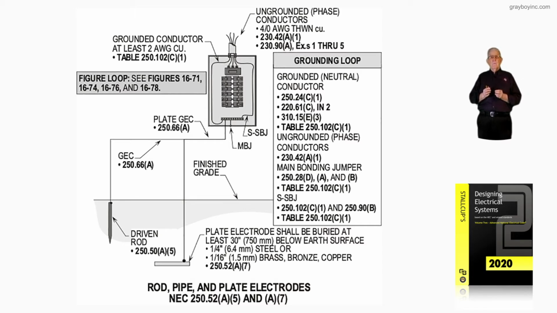Under 220.61(C), informational note 2, we could size the neutral at 100% of the load, or we could take continuous load at 125%, add it to 100% of the non-continuous load, or with demand factors. It's an engineering preference there if they're designing the system.